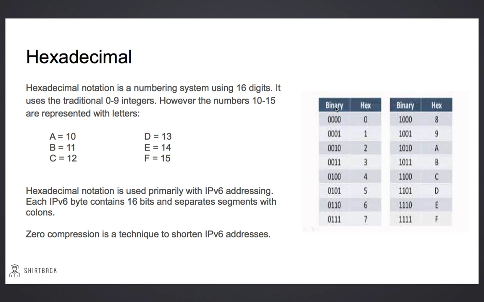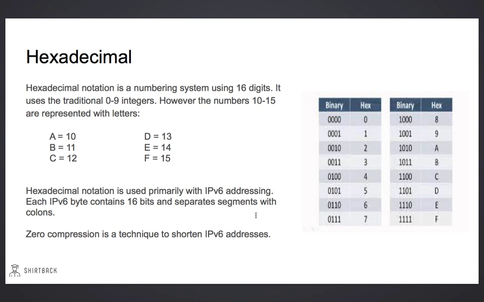You'll see that we have examples of binary and hexadecimal. Hexadecimal goes from 0 to 9, but when it gets to 10, it uses the letter A. It uses B for 11, C for 12, D for 13, E for 14, and F for 15. These are the corresponding binary examples for each value.